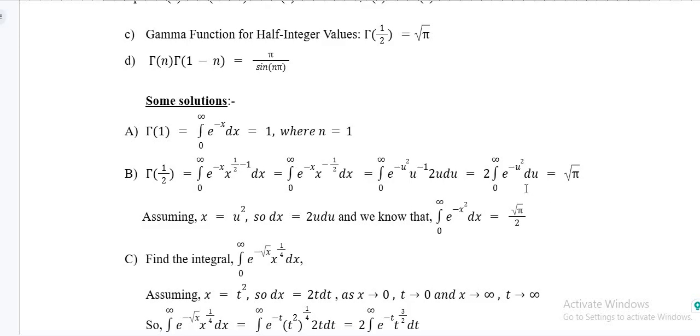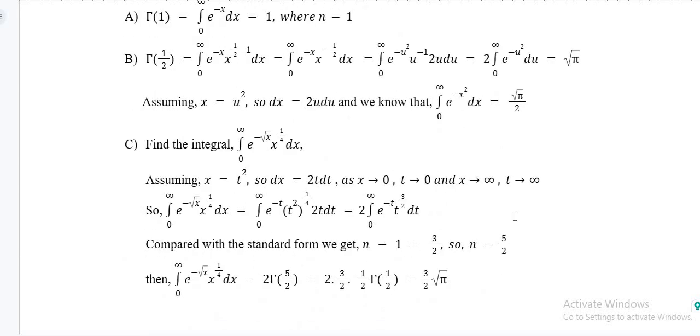So we are left with e to the power minus u square du. And we know the standard form of e to the power minus x squared dx is equal to root pi divided by 2. And we already have 2 multiplied with this. So 2 and 2 cancel out. This simply gives you root of pi. So you know that gamma of half is equal to root of pi. You can use this depending on the requirement.